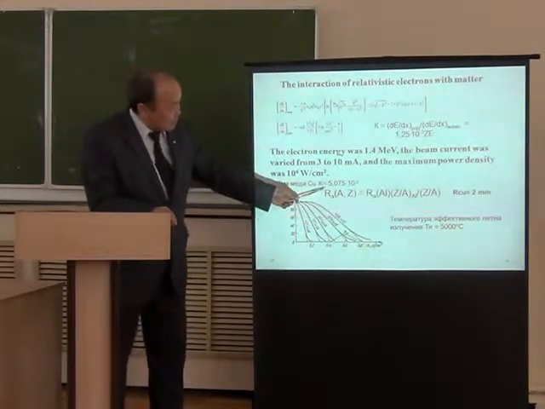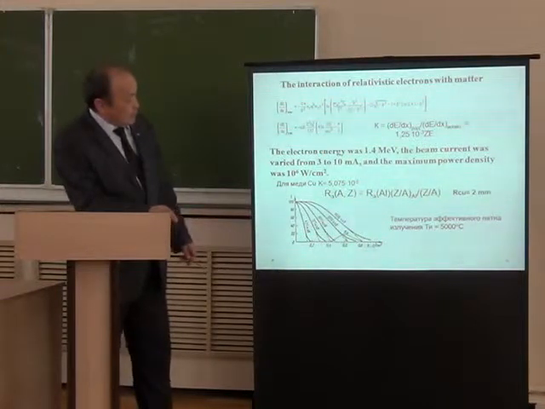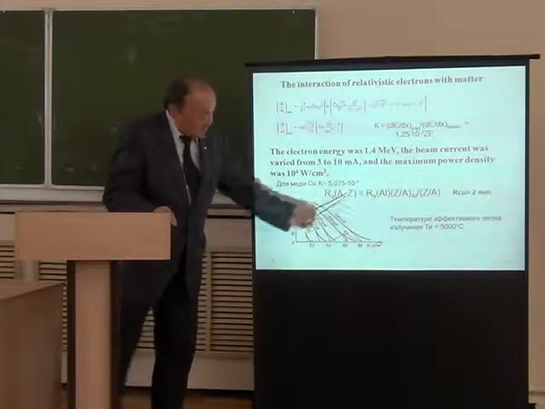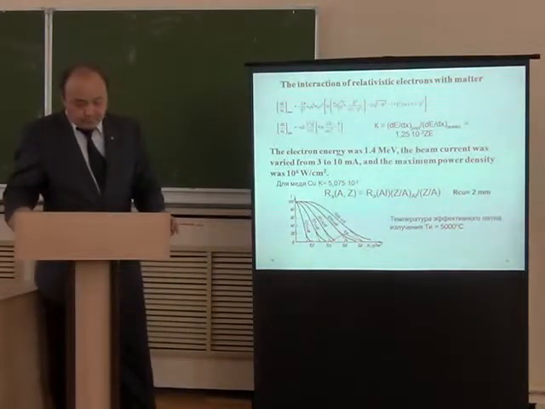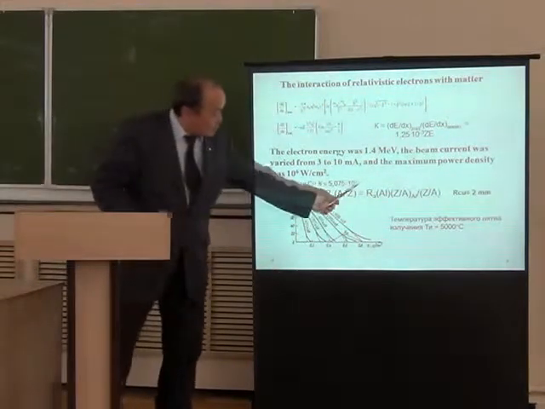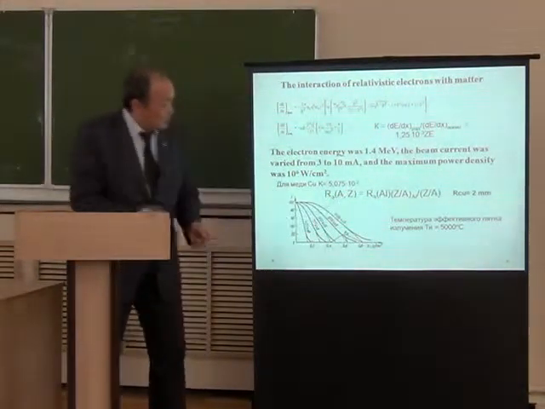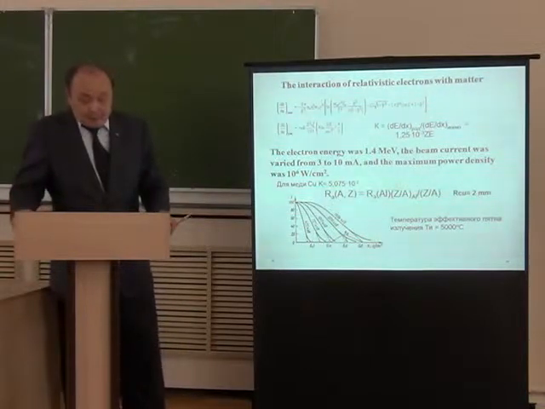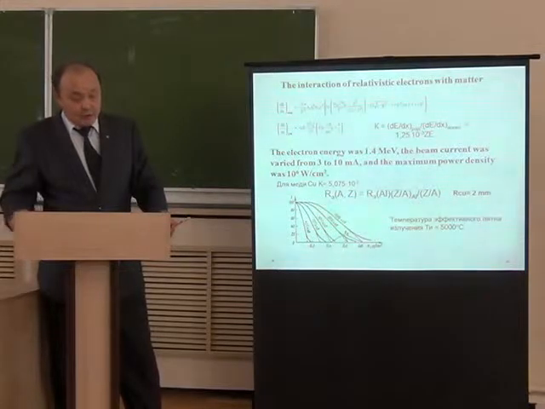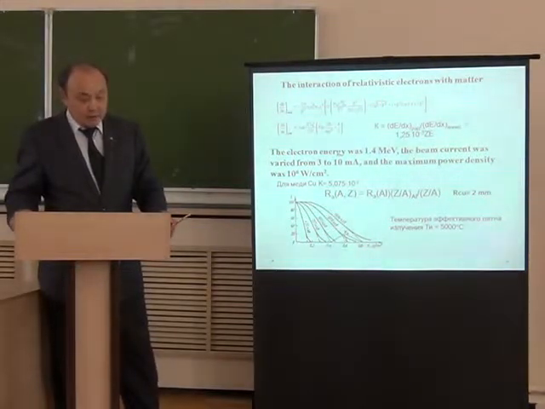This ratio is about 10 to the power minus 2. So the main part of the electron energy is converted into ionization losses.